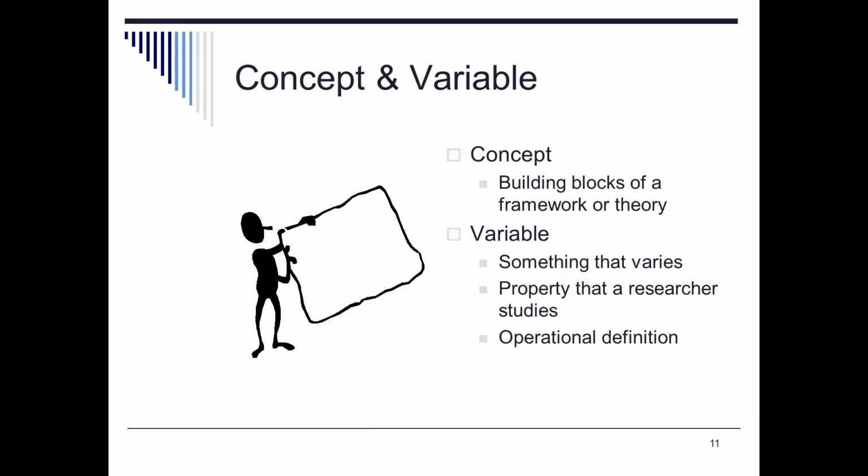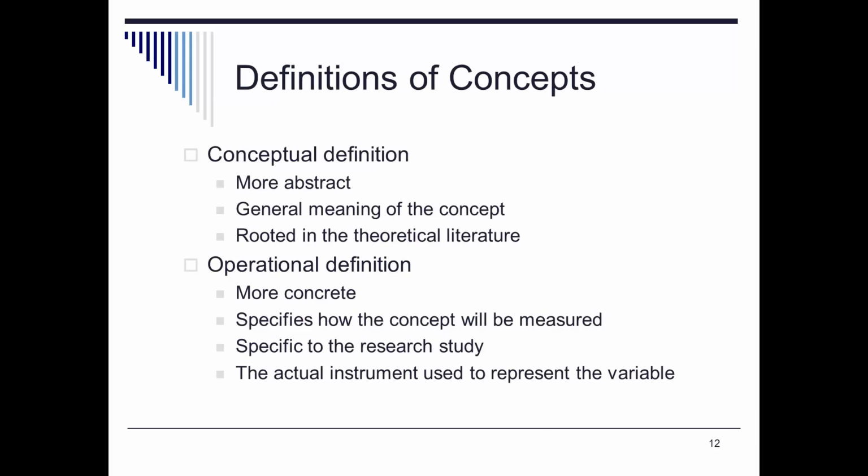A child has moderate self-esteem if they get maybe a 50 to 70 out of 100 on this particular test, or maybe 70 to 100 is high self-esteem. So how are we actually going to test it, and how are we going to figure out what's going on there? Once again, the concept has a conceptual definition. It's more abstract, has some general meaning, and it's rooted hopefully in the literature.